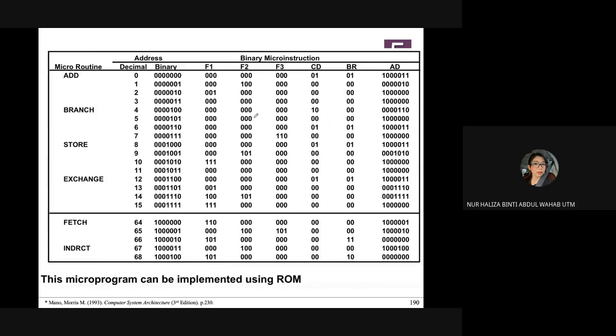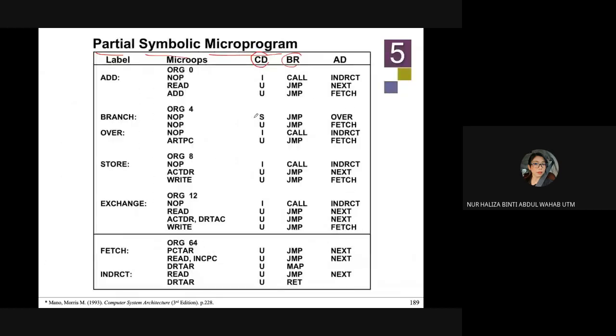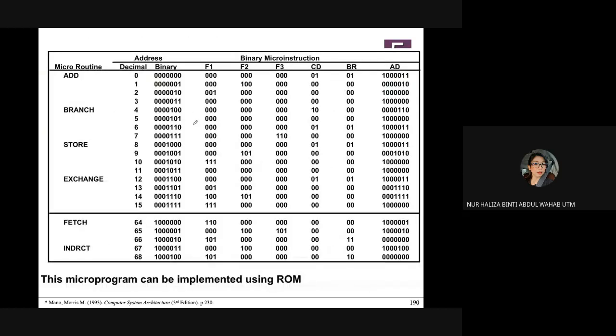When you want to come out with the table, let's say for each of the micro operation, you will change it into in terms of the codes. You can see over here, all is going to change into the codes. So let's say I give you just example, let's say this one.